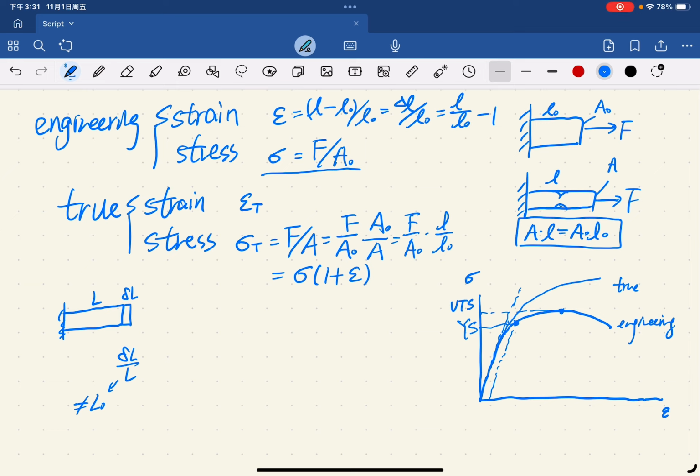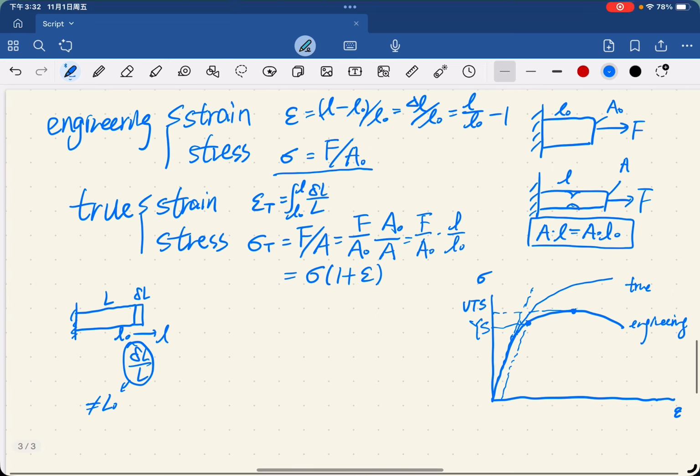In the entire process, the length goes from L0 to L, and the length is elongated, so we need to accumulate this delta L divided by L. So we use an integration from L0 to L of dL divided by L. So this L is the actual length at every specific time.